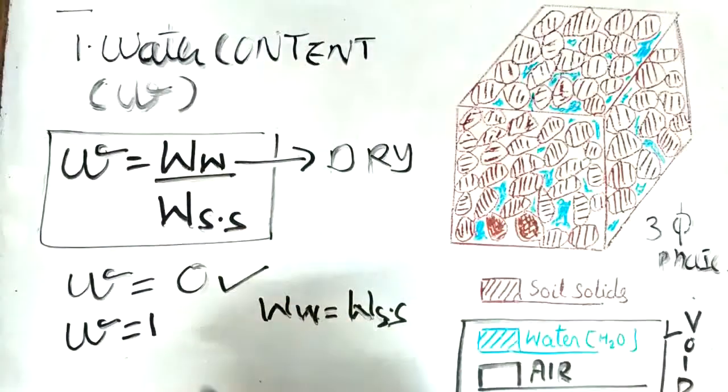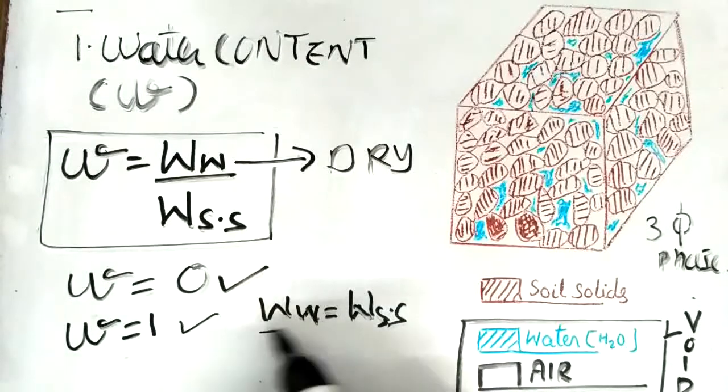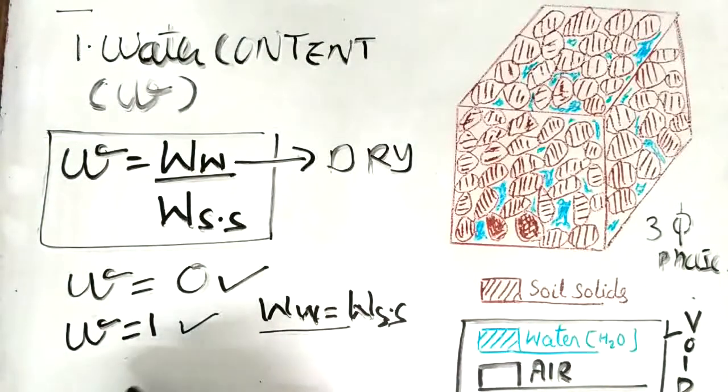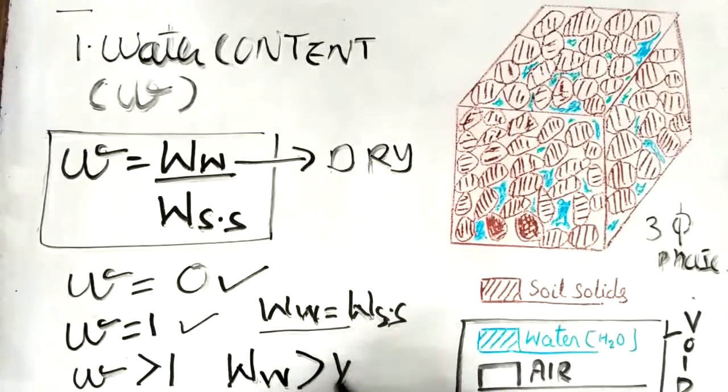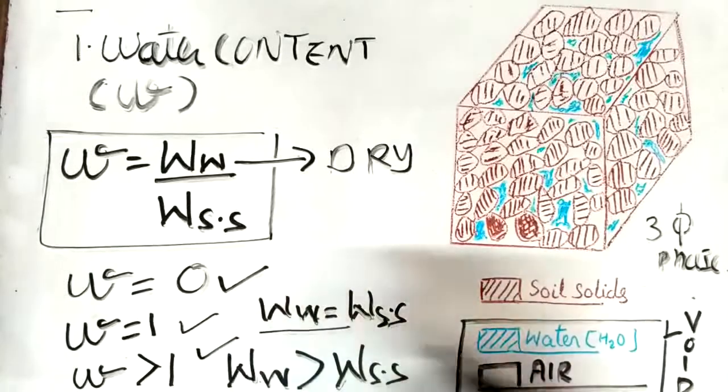So I can also have a value of 1, because this is also possible. Also, can my water content be greater than 1? If my numerator, the weight of water, is greater than the weight of soil solids, that can also happen. So this is also possible.